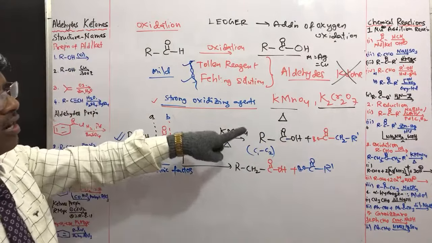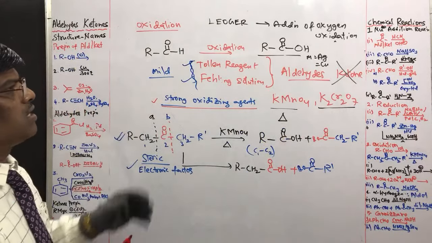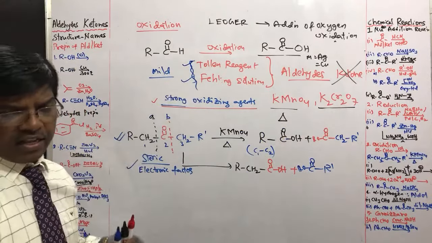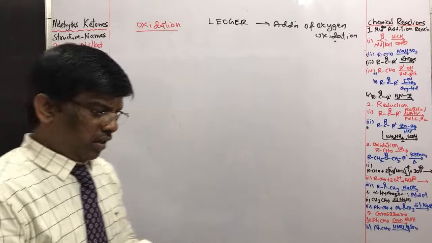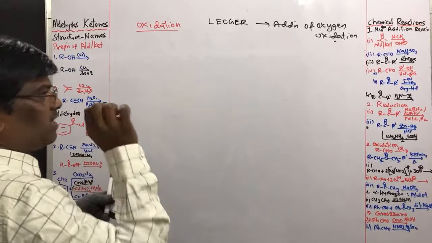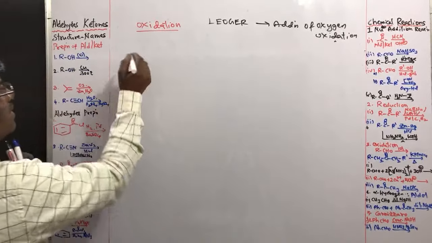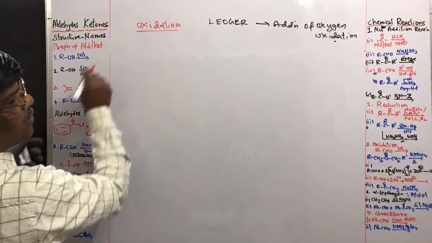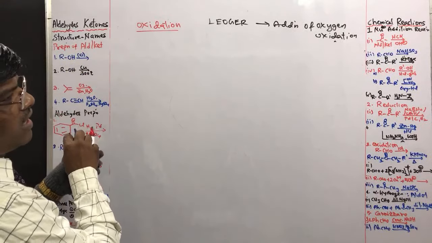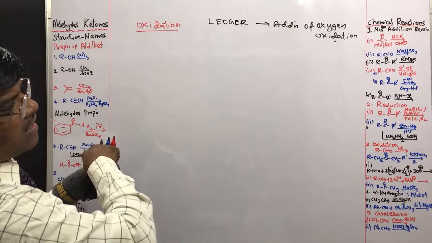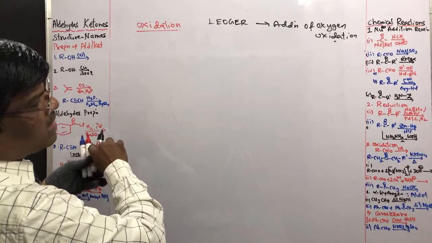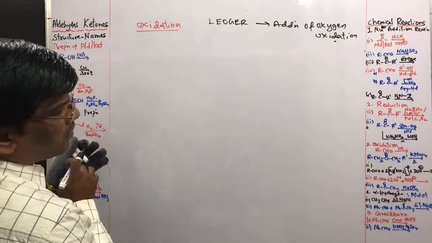Let us take them one by one and you will come to know the importance of these tests: Tollens reagent and Fehling's solution. Most of the time you will get a direct question: what is Tollens reagent and why is it used. Let us see the oxidation of aldehydes using Tollens reagent.